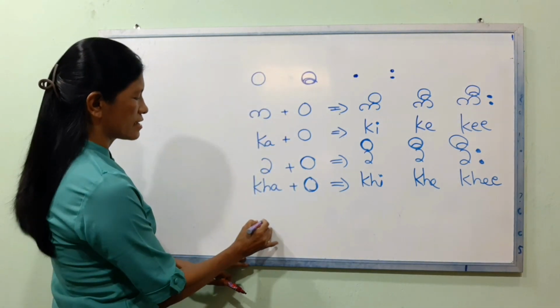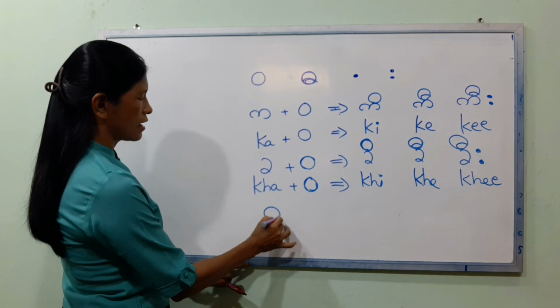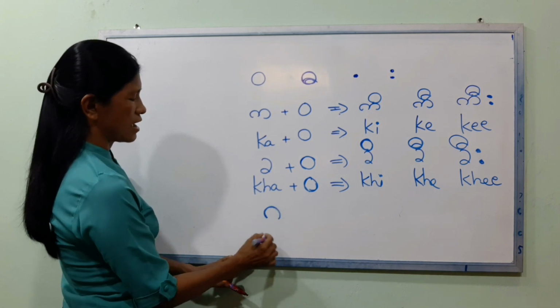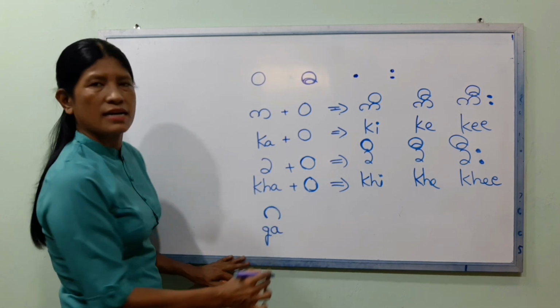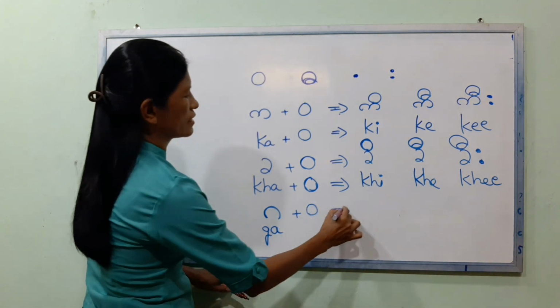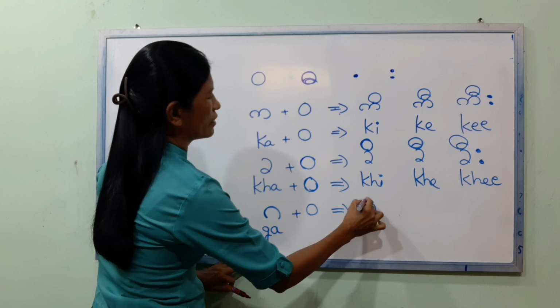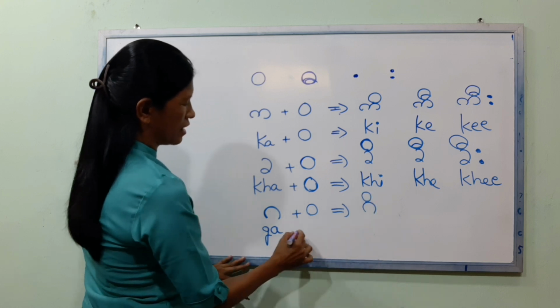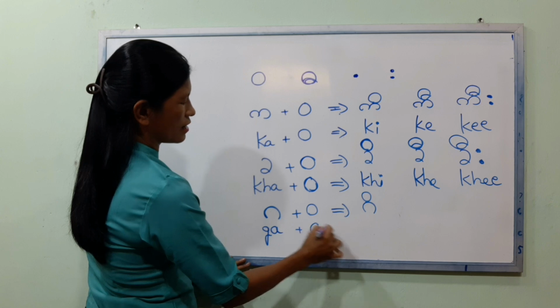Next consonant, ga. This is ga. Ga, low kneading. How to pronounce?